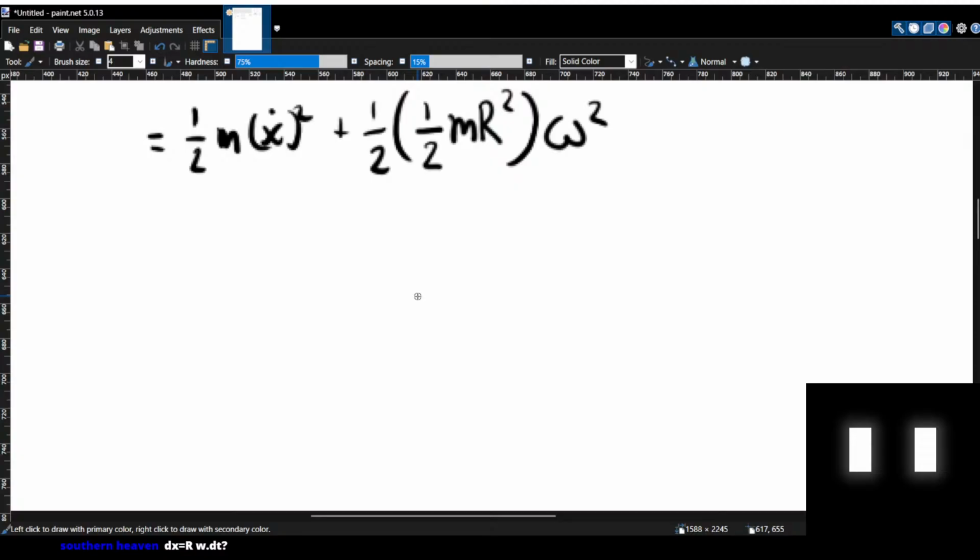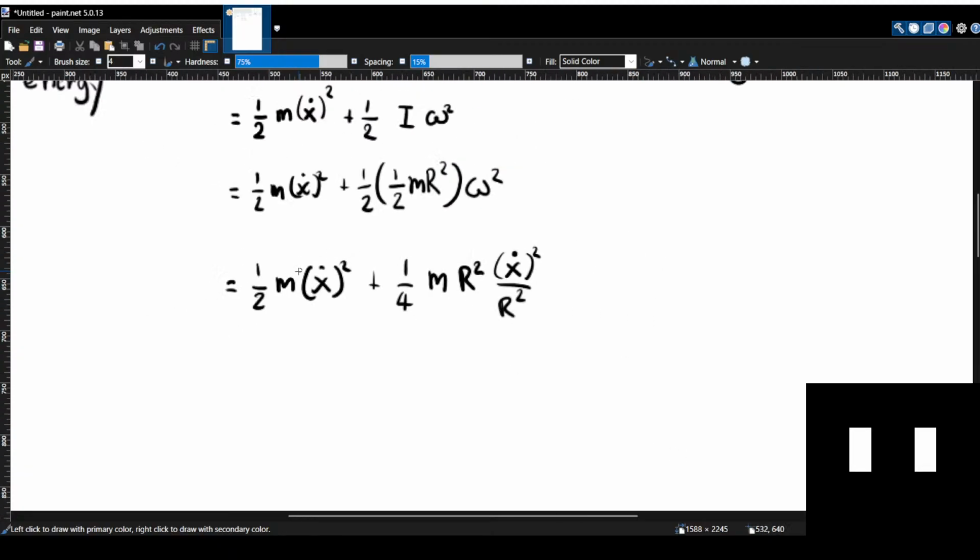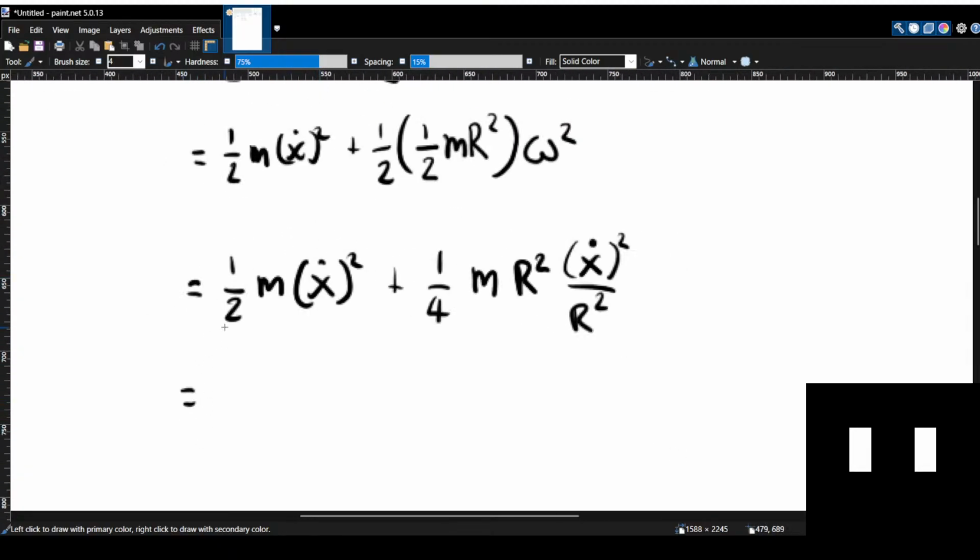We plug this right back in here, and we end up with 1/2 m x dot squared plus 1/4 m r squared x dot squared divided by r squared, which cancels out, and we end up with 3/4 m x dot squared.